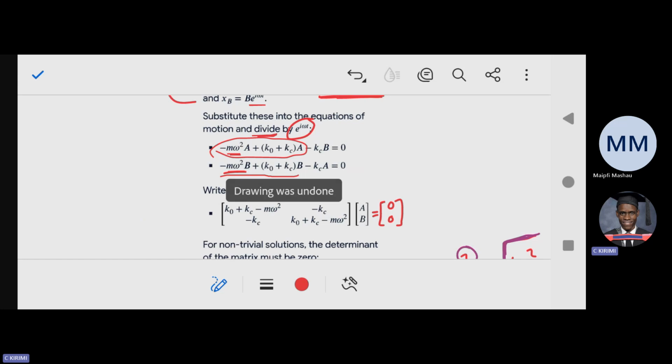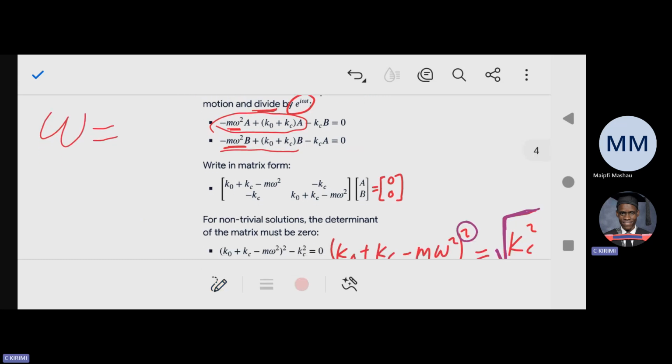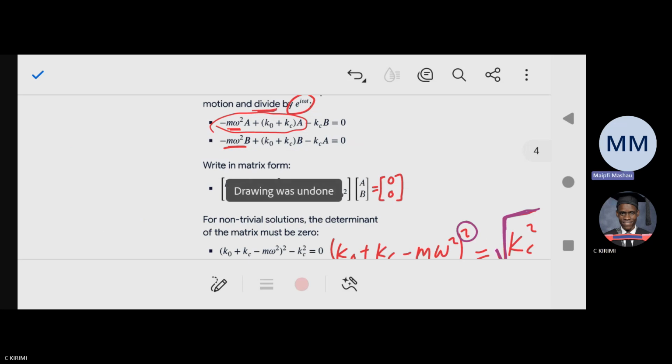Remember our idea, we want to know what omega is. Once we solve for omega, we are done. That is why we are doing this. So when you are solving, you did linear algebra, isn't it? I did, yes.